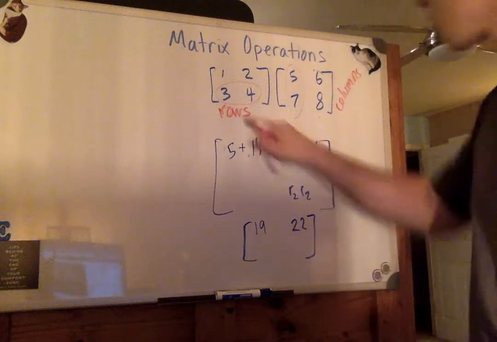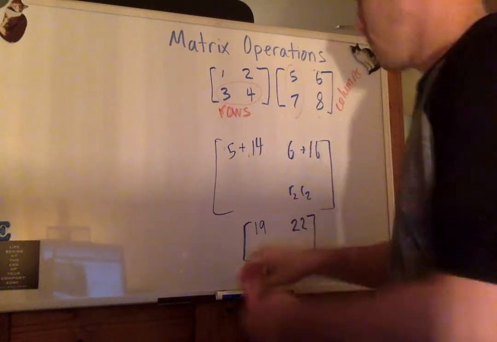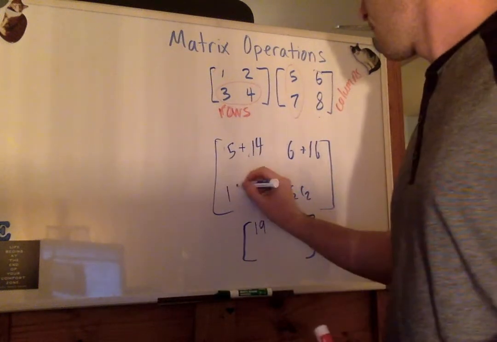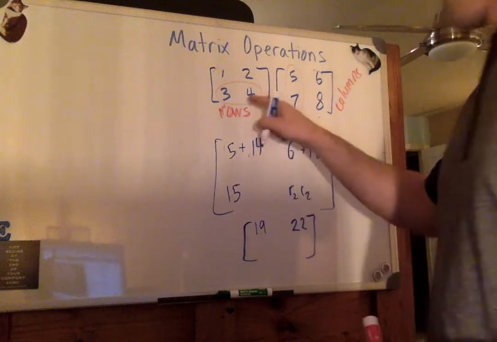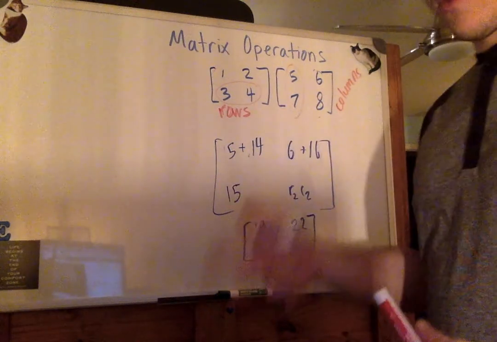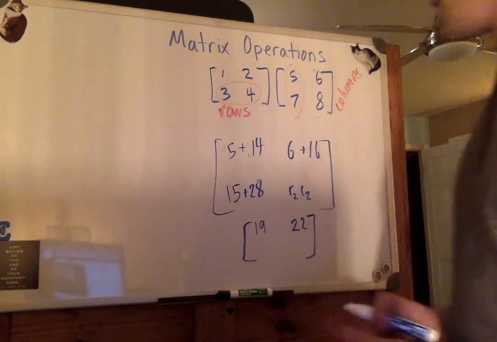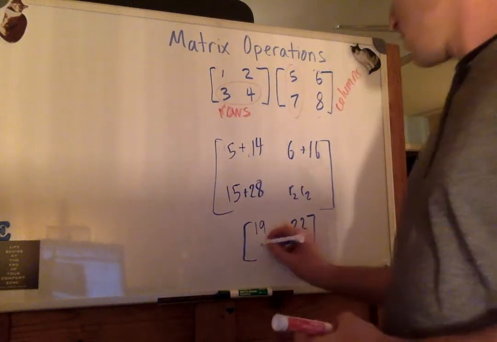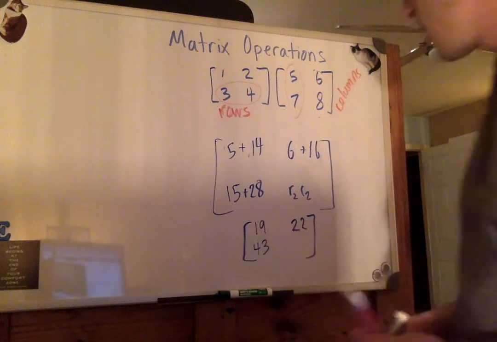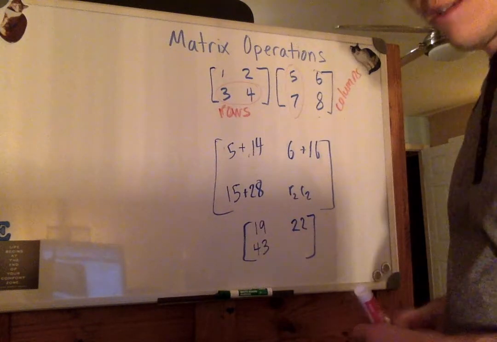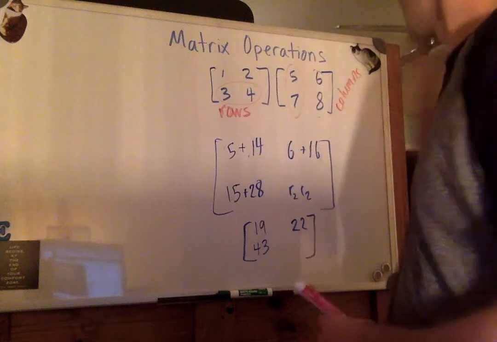Pause and slow down if you need to. 3 times 5 is 15. And 4 times 7 is 7, 14, 21, 28. 15 plus 28 is 43. I think that's right. Double check it. Vote this video down if I'm wrong.